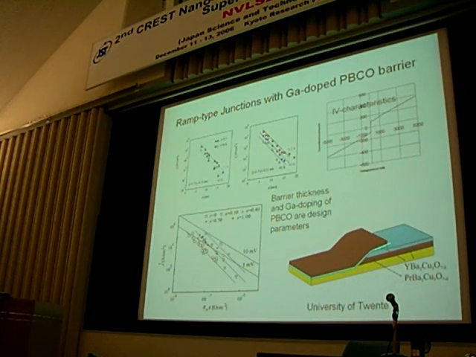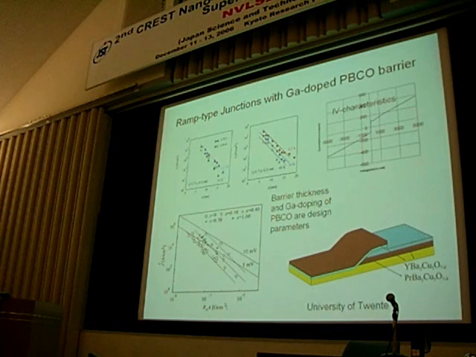For the ramp junctions, the development was that the barrier material, the barium material, was replaced with other materials or doped. And what we found with, for instance, gallium doping is that we have different channels for transport through such a barrier. There's a different channel for quasi-particles, meaning single electrons, and for the supercurrent.